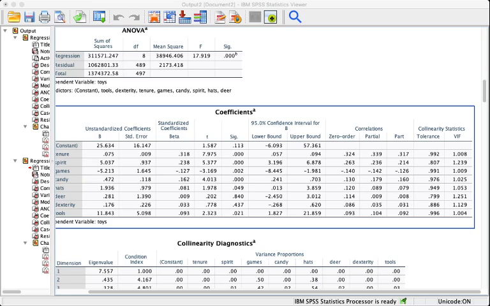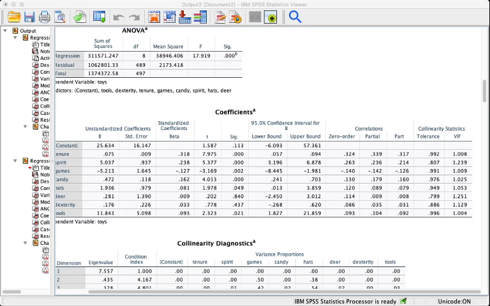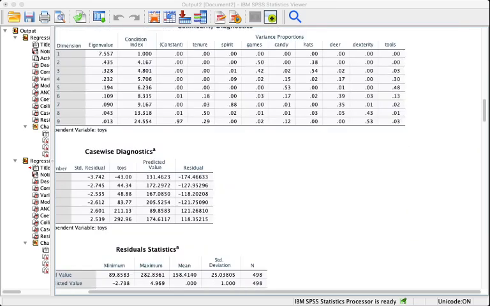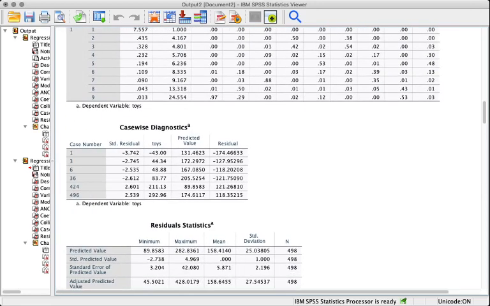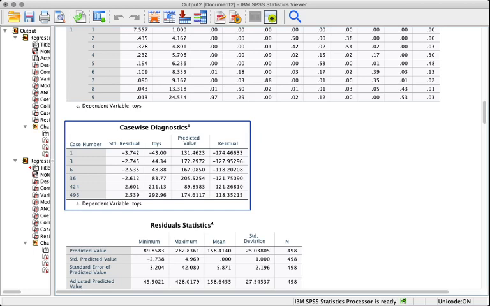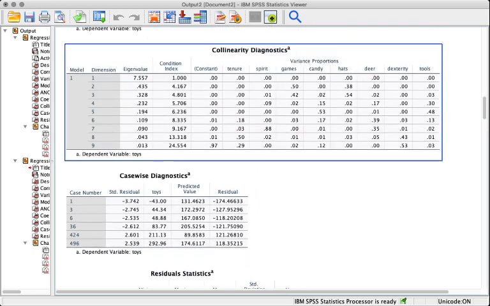We're fine. These all look good, which tells us the same thing as the correlations. Next, it gives us case-wise diagnostics, so we don't need to worry about the collinearity diagnostics because we aren't having any problems with collinearity.